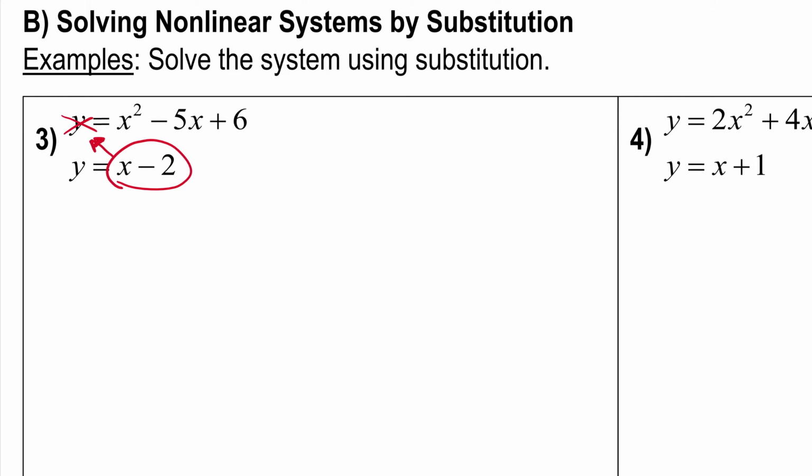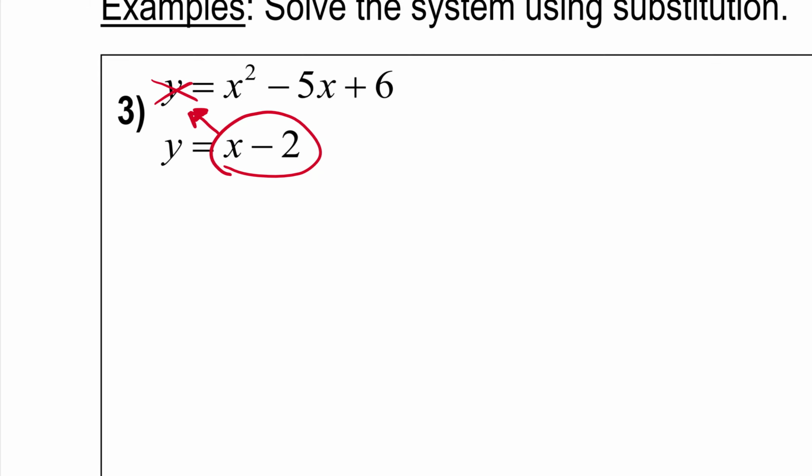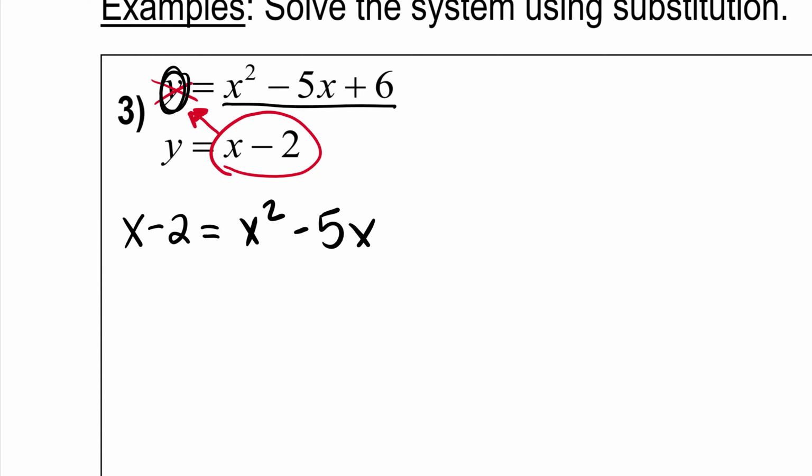I'm going to rewrite that. On the left, instead of this y, I'm going to write x minus 2 equals, and then I write this quadratic, x squared minus 5x plus 6.